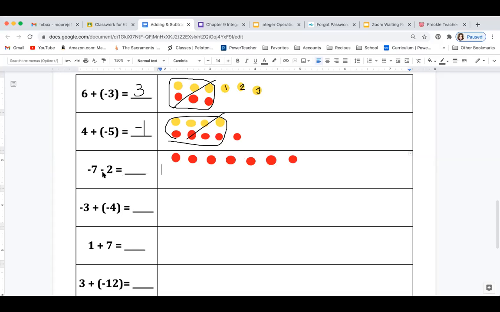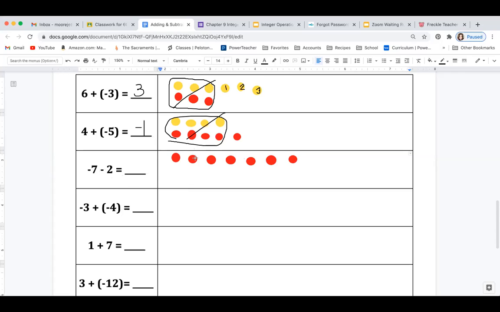And then if I pretend I'm going to subtract or take away, I would have to take away 2 yellow chips, but I don't have 2 yellow chips to take, right? So I would have to introduce a couple sets of 0 pairs to make this work, or I could rewrite it as an addition sentence to support my ability to add in the integers I need.